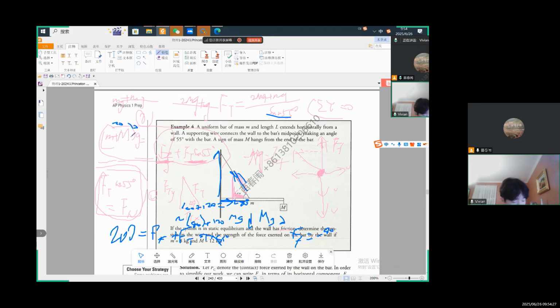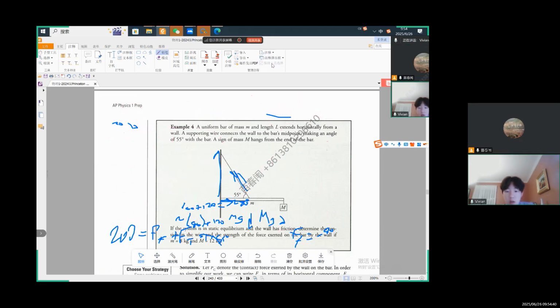So Ft times cos 55 degree, which means this is cot 55 degree, right? So basically it's 2 mg plus mg times cot 55 degree, right? Yeah. So this helps me find my F normal.